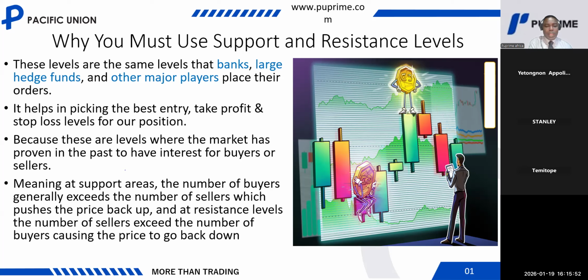So we say that at support areas, the number of buyers generally exceeds the number of sellers, which pushes the price back up. And at resistance levels, the number of sellers exceeds the number of buyers, causing price to go back down.